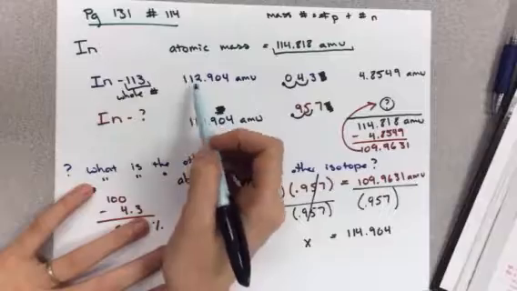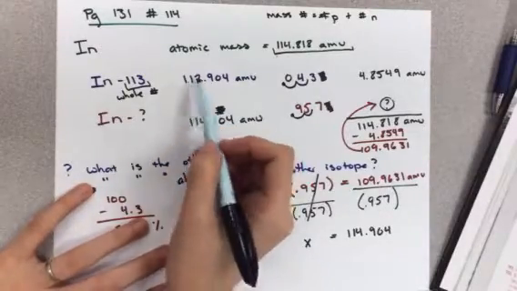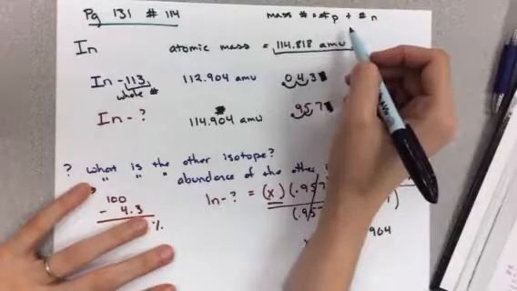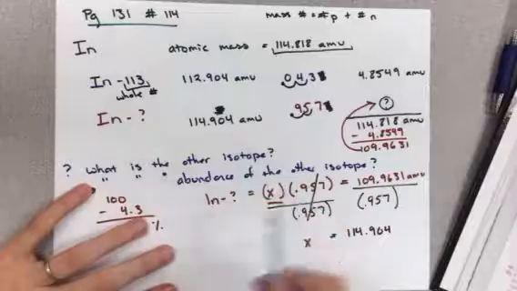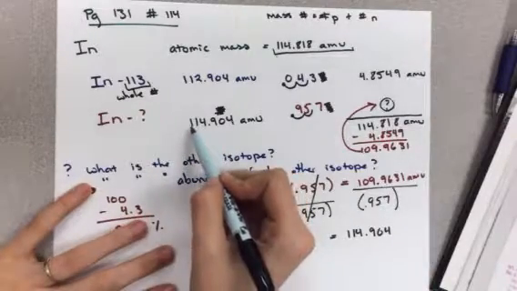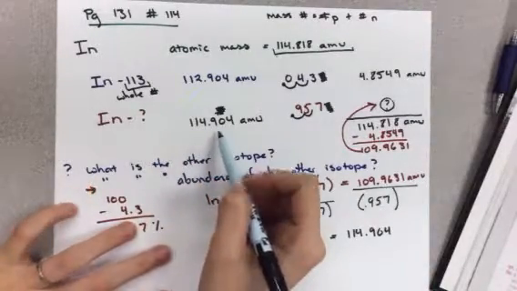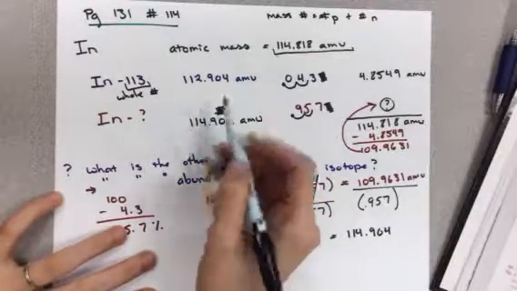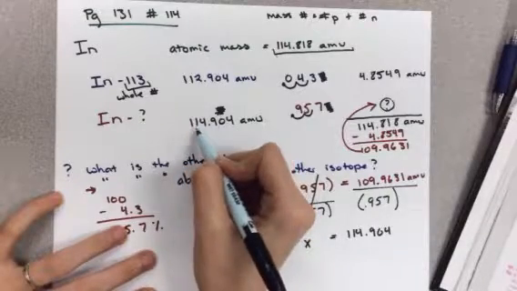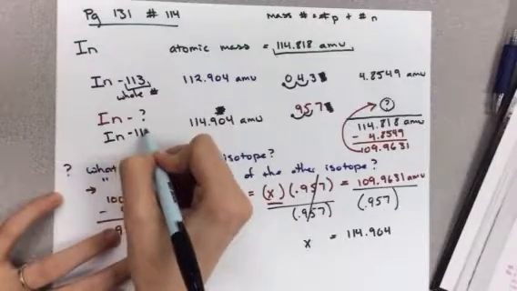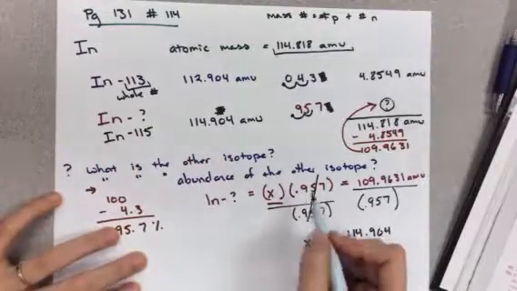It's not the mass, which can be off a little bit because the protons and the neutrons don't have a mass of exactly 1 AMU. There's a little bit of wiggle room there. So if we're looking at 114.904, we would have to round that to the nearest whole number. And in this case, I would round it to 115. And indeed, the other isotope of indium is isotope number 115.